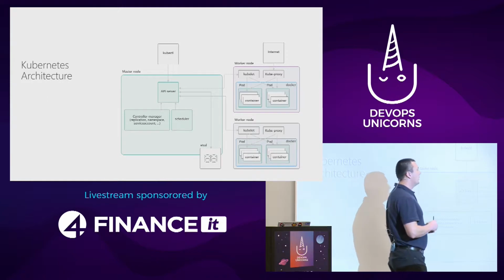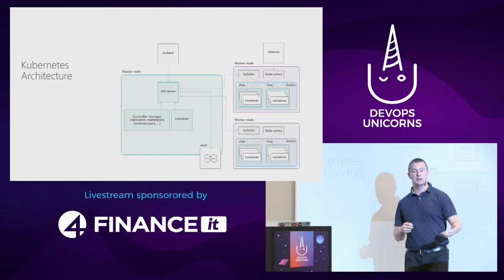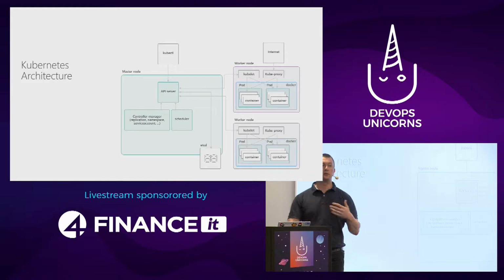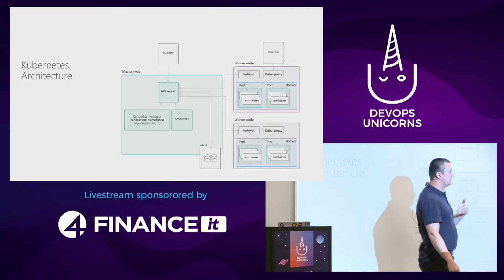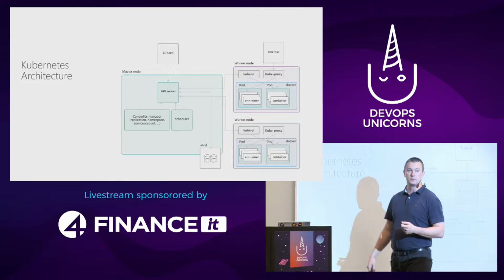Then we have the Docker engine in this case that is basically handling the load of containers, instantiating containers, starting containers, and other components like kube-proxy that is handling all of the IP allocations for the pod itself.